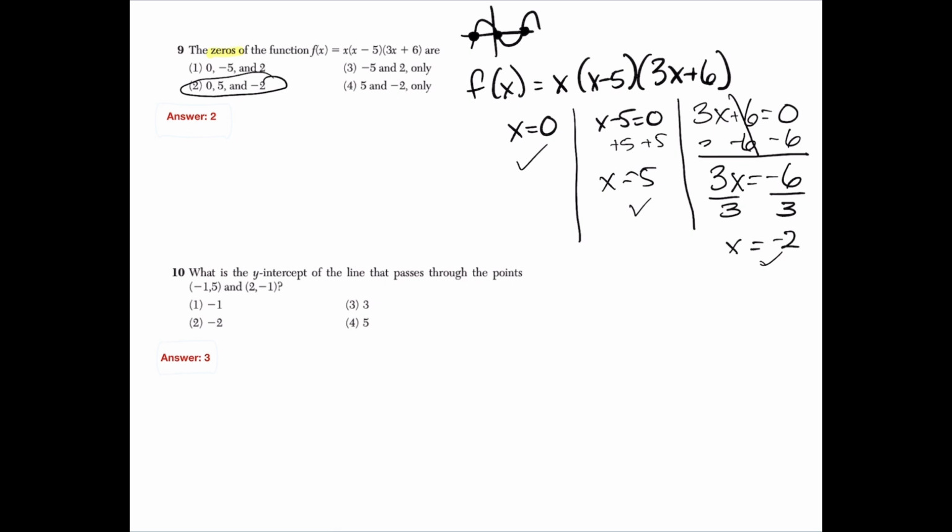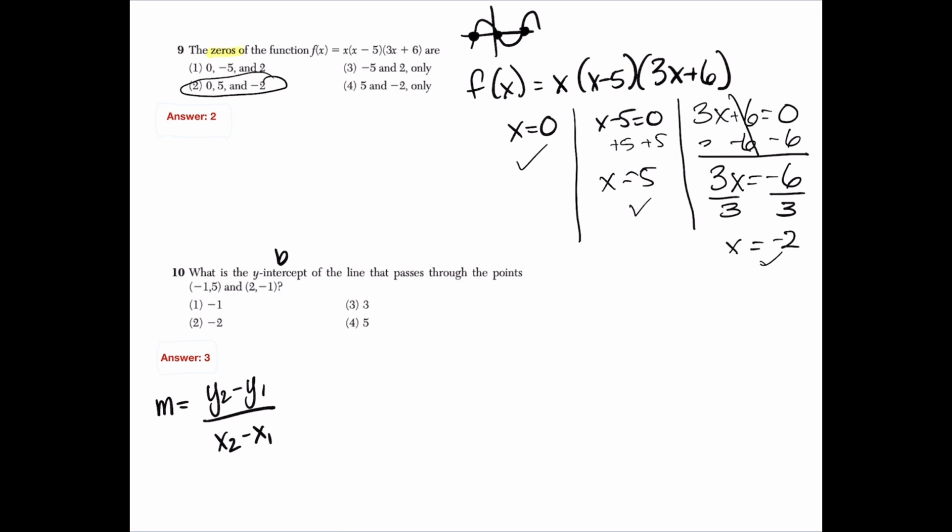All right, I kind of like the next one a lot because we want to know what is the y-intercept, what is the b of the line that passes through these points. So because they're giving you these points, we're going to use our equation for slope. M is equal to y2 minus y1 over, again, the change in x, because we want to find out what the m is.